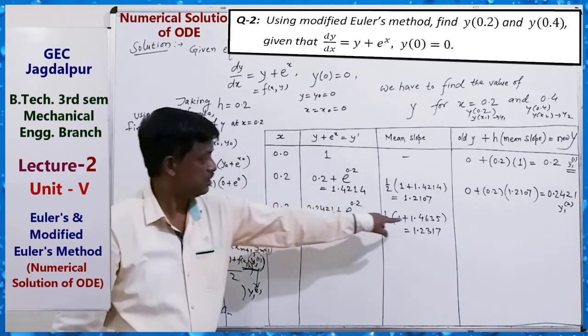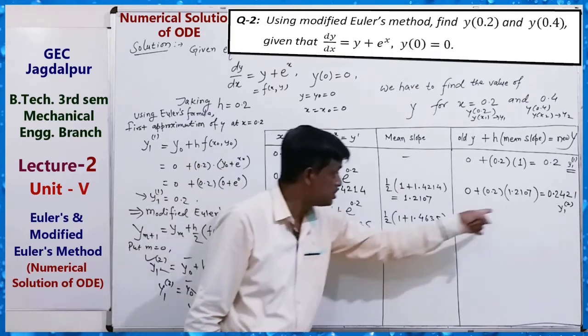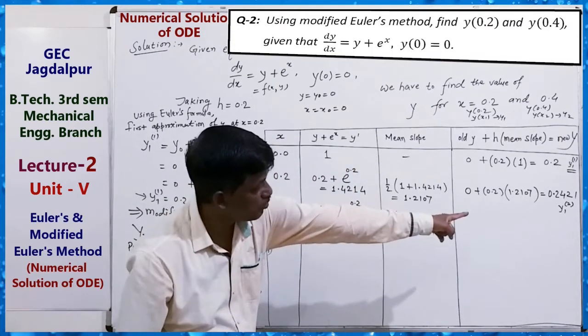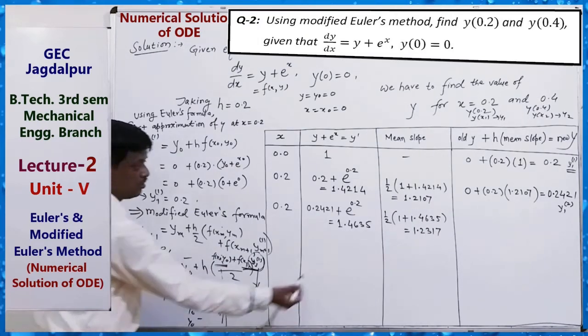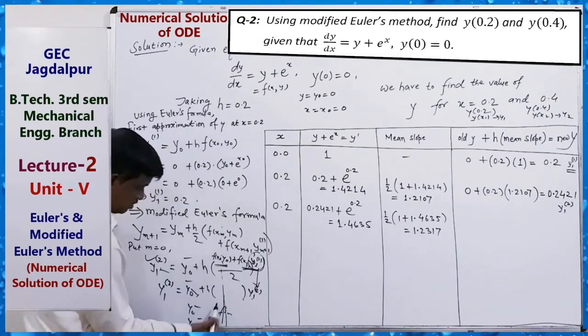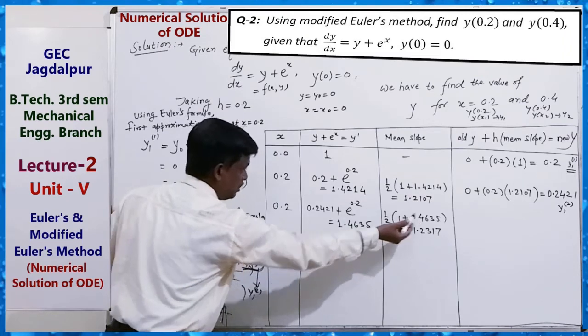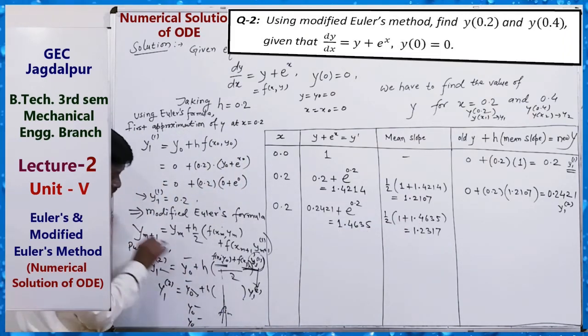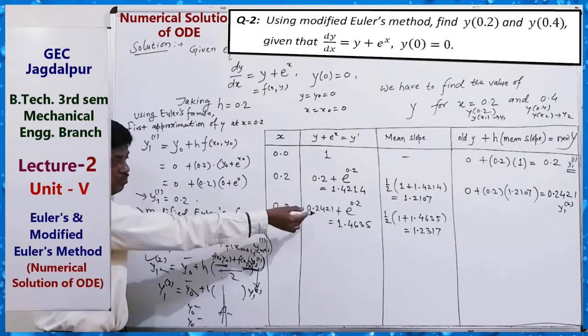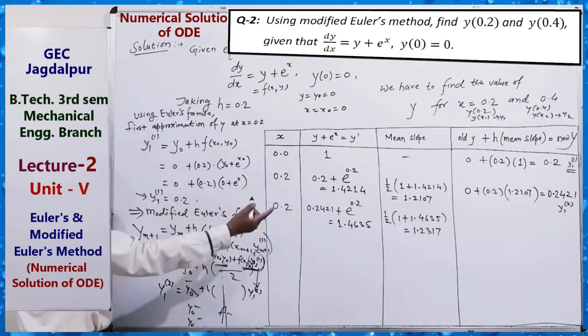This plus this by 2 is the mean slope. Now this mean slope is used here for getting the y1 third approximation, using the previous y and this slope.